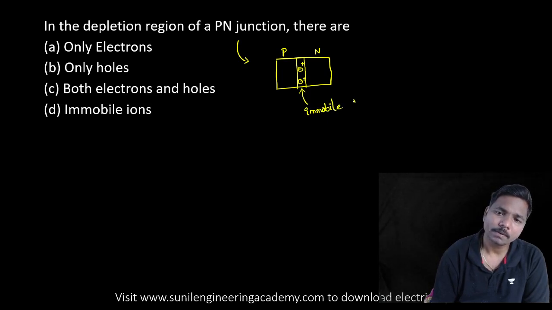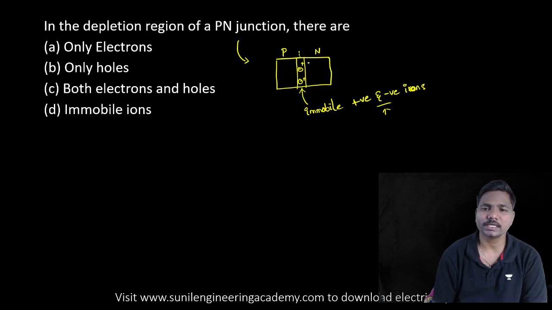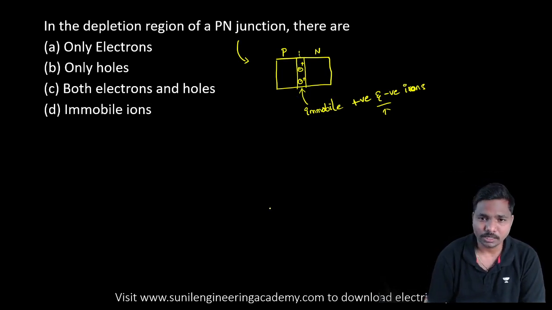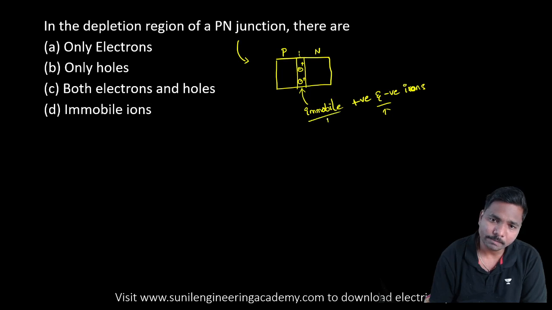Because these are immobile, the depletion region does not allow electricity through it like a conductor. Because of these immobile positive and negative ions, a region is formed, and that region is called the depletion region.